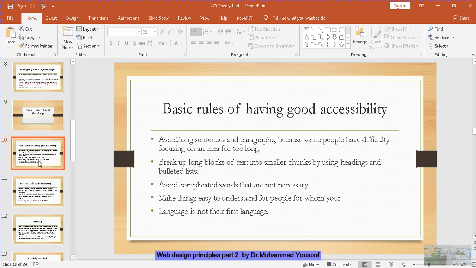Please remember this. Whenever I use accessibility and usability, both of them refer to the same thing: how the customer or the end user will find it easy to use the website and also to connect to the website. Now there are some basic rules which help to improve accessibility.